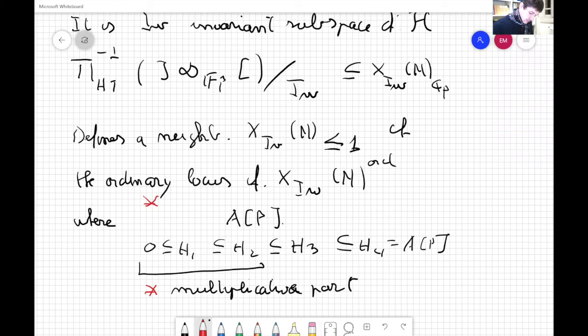that I'm considering. And here I'm just taking the inverse image of this flag, a tiny overconvergent piece, okay, where you're demanding, if you want, that this multiplicative part extends to a canonical subgroup.